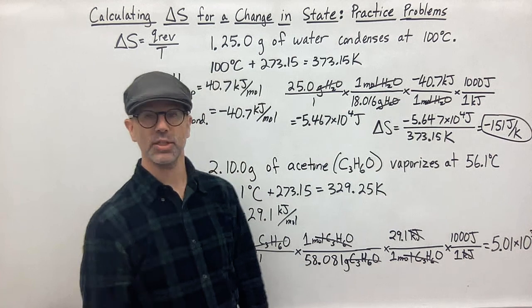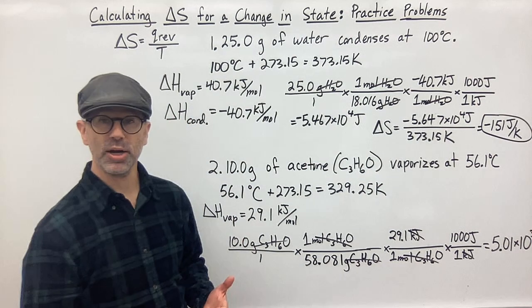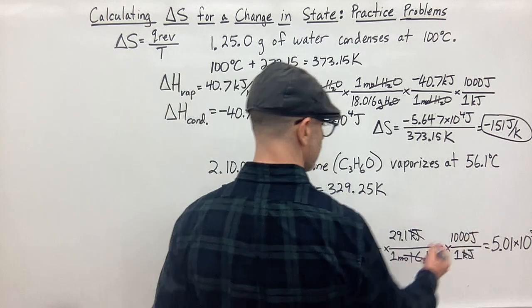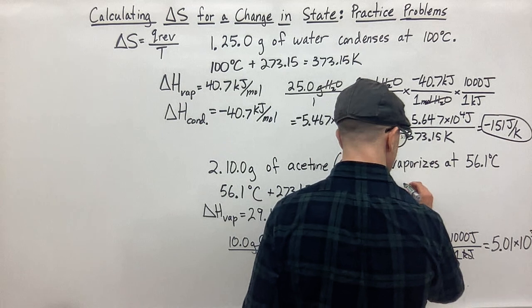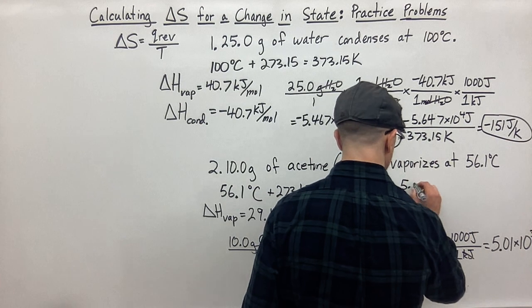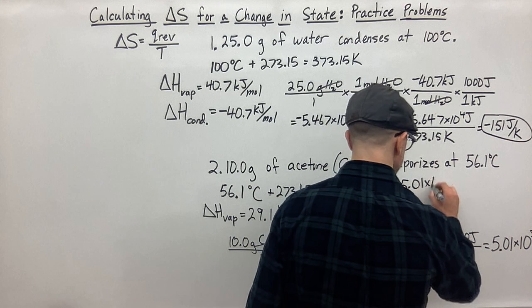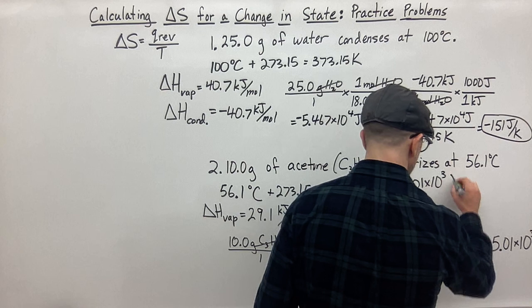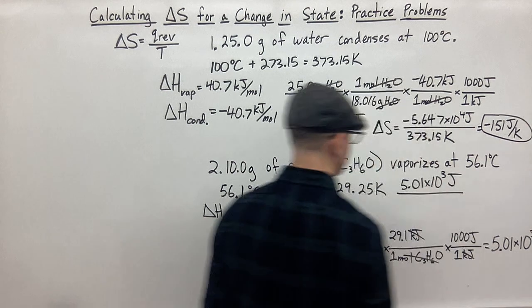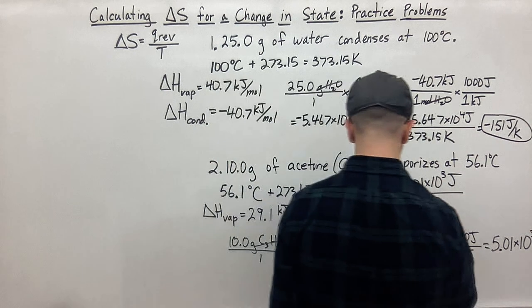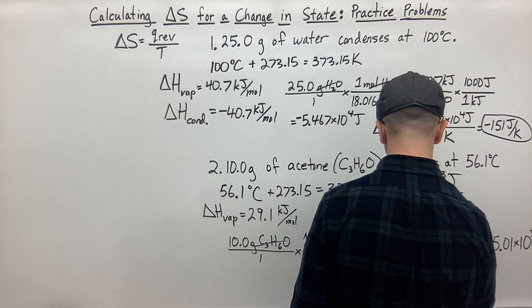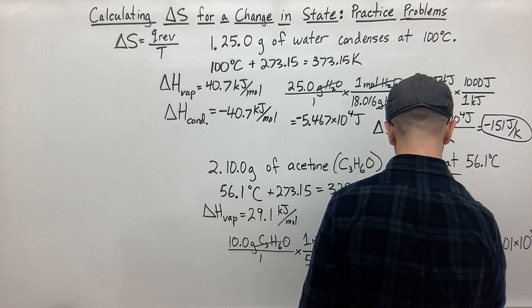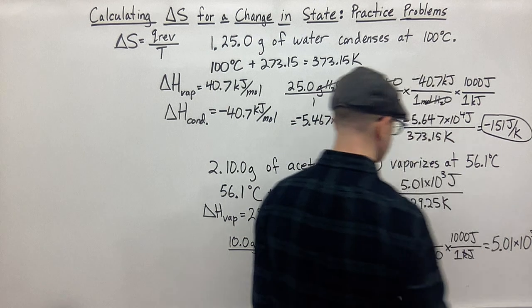So now all we need to do is, again, plug it into our equation. So we take the amount of energy in joules, 5.01 times 10 to the third joules. Divide that by our temperature, which is 329.25 Kelvin.